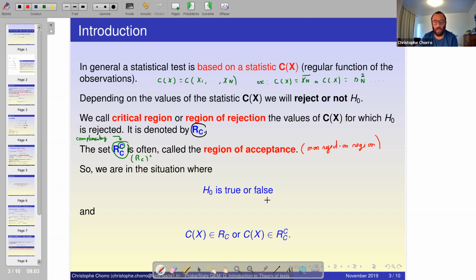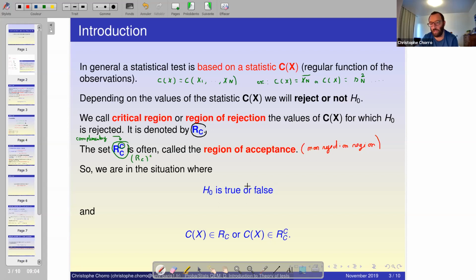By unknown, I mean that I am not able to know it, but it exists a priori in real life, but I don't have access to this value. So my H0 is true or false. And when I build a statistic and a critical region, I have 2 situations: the case where the value of my statistic belongs to the critical region or not.